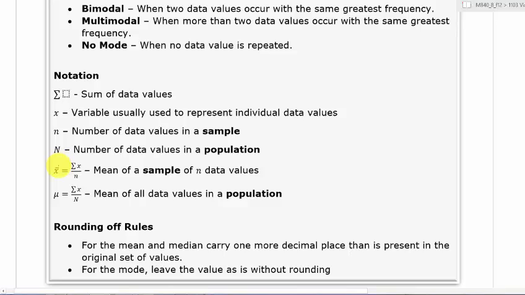X bar, again, this is our mean, so that's the sum of all of your data values divided by the number of data values in your sample. When we use the Greek letter mu, it's the same thing as x bar, only this is for a population. So mu is the sum of all the data values in a population divided by the total number of data values in that population.